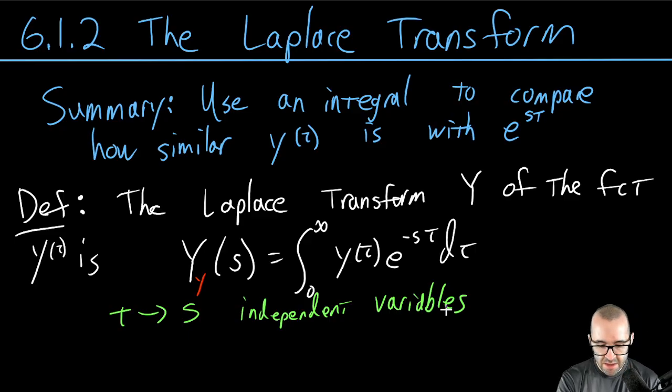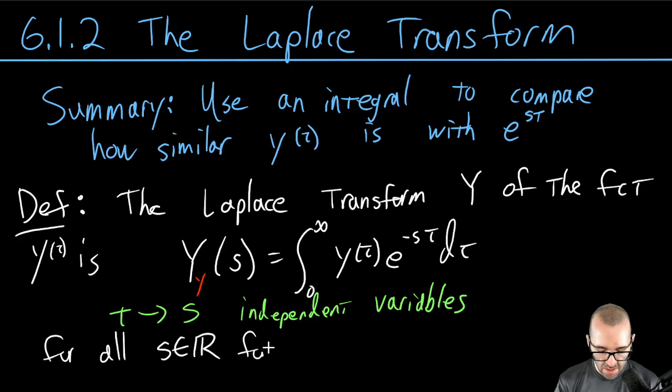And then specifically, something that I really need to include here is that this is only going to be defined for all numbers s, and they're going to be real numbers s. Because remember, we split up that exponent into the real part and the complex part. The complex part was just for Fourier transforms.